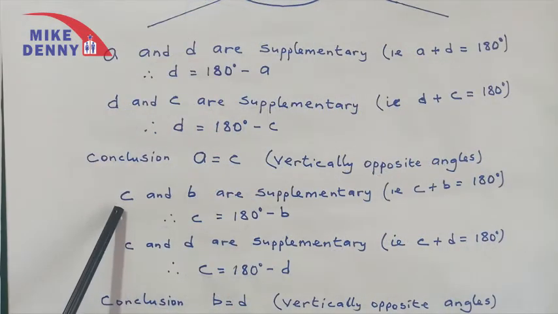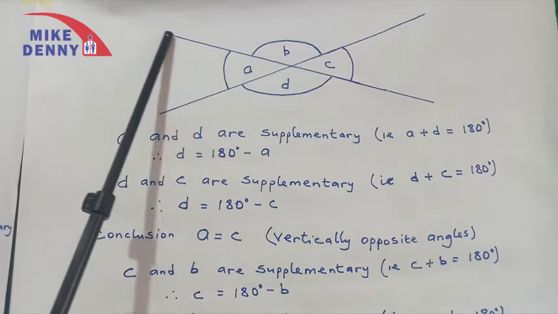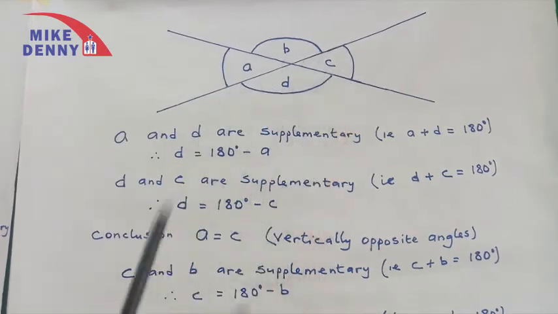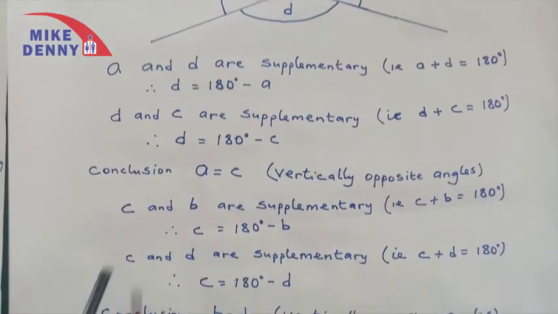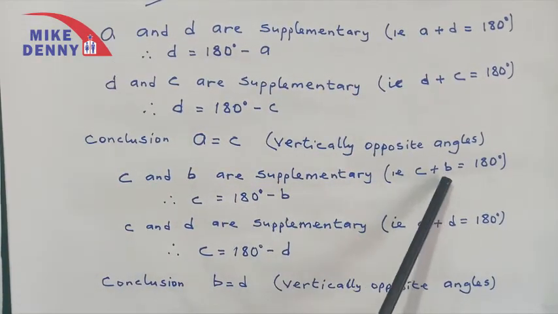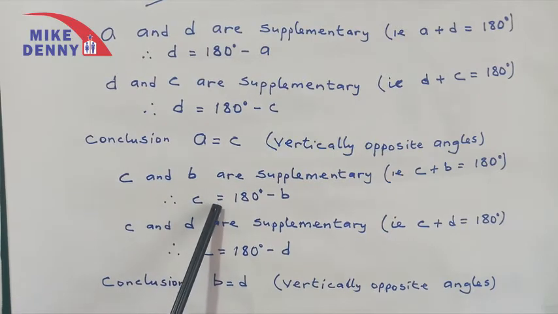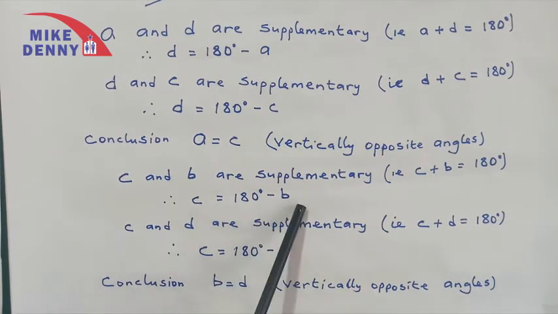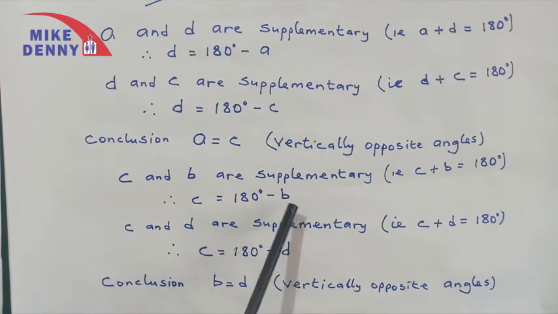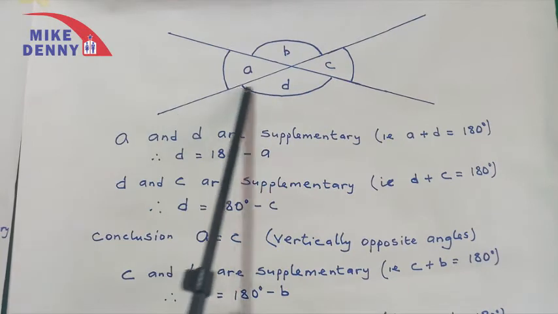You look at C and B, they are also angles of a straight line. And we said they sum up to 180 degrees. So C and B are supplementary because they add up to 180 degrees. If C and B add up to 180 degrees, it means C will be 180 degrees minus B. Then when you look at C and D, they are also angles of a straight line.